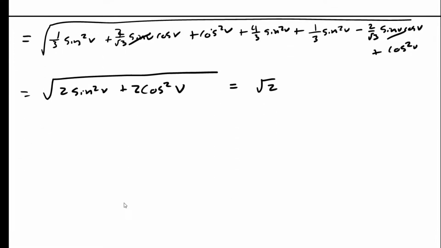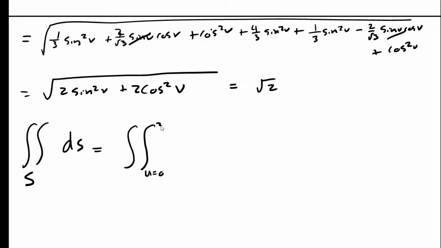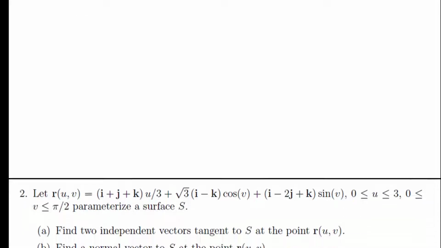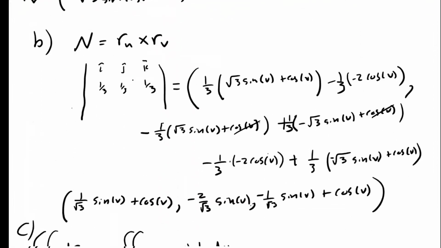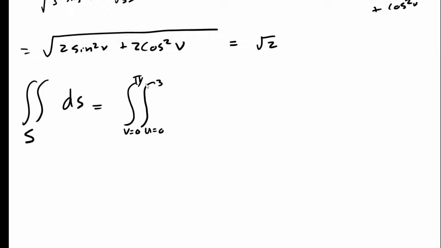So to compute the area, again, it's going to be the integral over s ds, and this translates into the integral over our region. So u goes from 0 to 3, and v goes from 0 to pi over 2. And then we're integrating the norm of ru cross rv, which we said was just root 2 du dv.